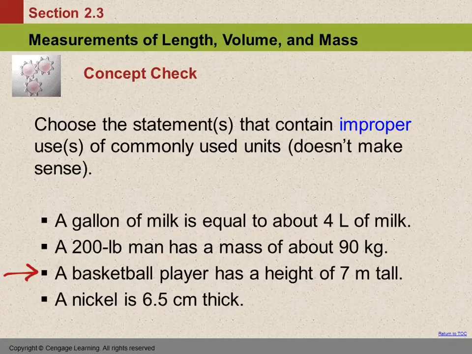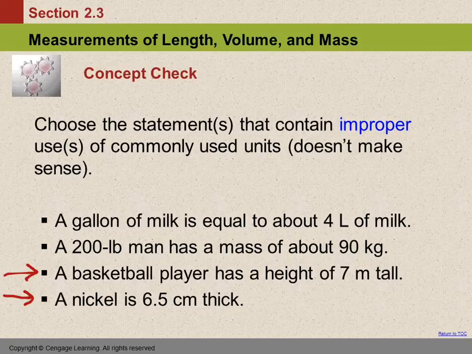So, you know, an inch is maybe about this long on my thumb. So that is like 2.5 centimeters. So saying that a nickel is 6.5 centimeters thick, that's more than an inch thick, right? No, that's not right. Now 6.5 millimeters, that might be reasonable.